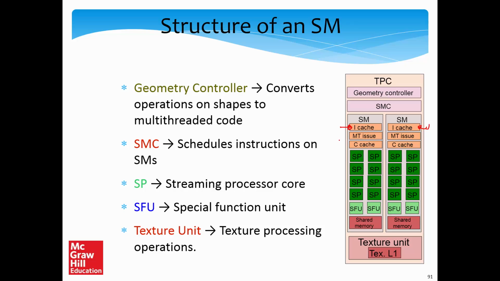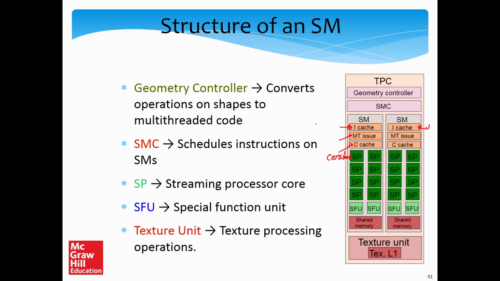The MT issue is a special unit like the SMC, a multi-threaded issue unit that coordinates the actions across all of them. And the C cache is one more cache, which is a constant cache. A lot of algorithms use constants, for example, e, pi, and so on. All of these constants can be saved here in the constant cache, right?